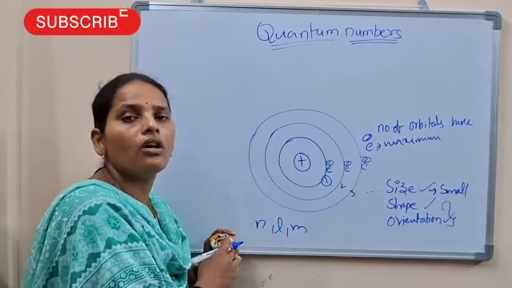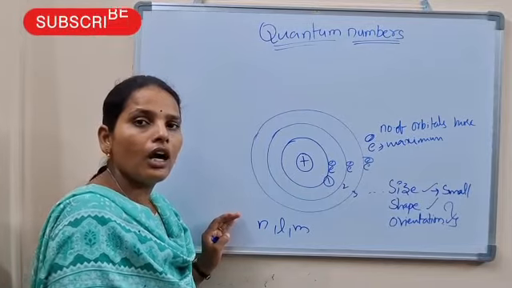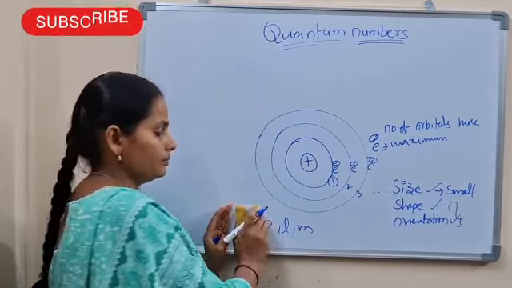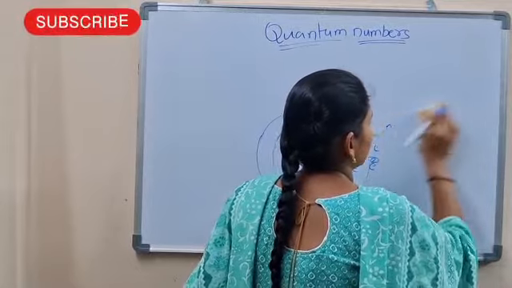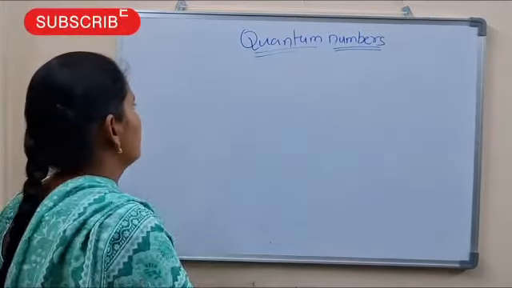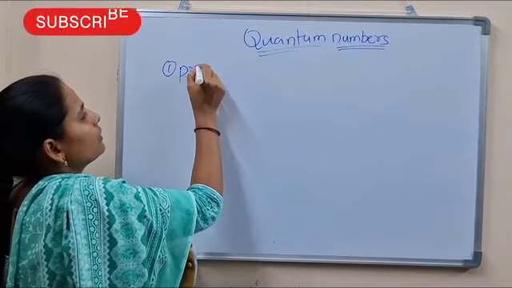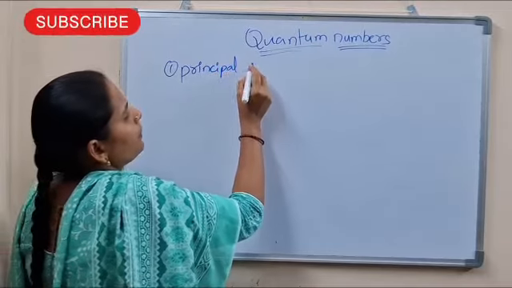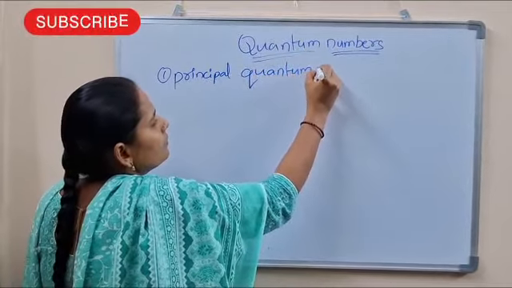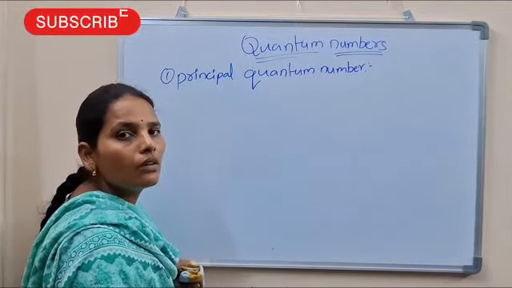Let us see how the quantum numbers provide an explanation about the atom. The first quantum number is the principal quantum number.